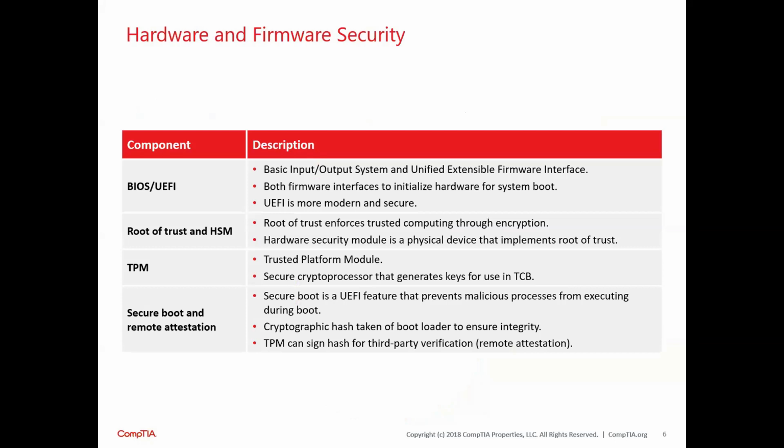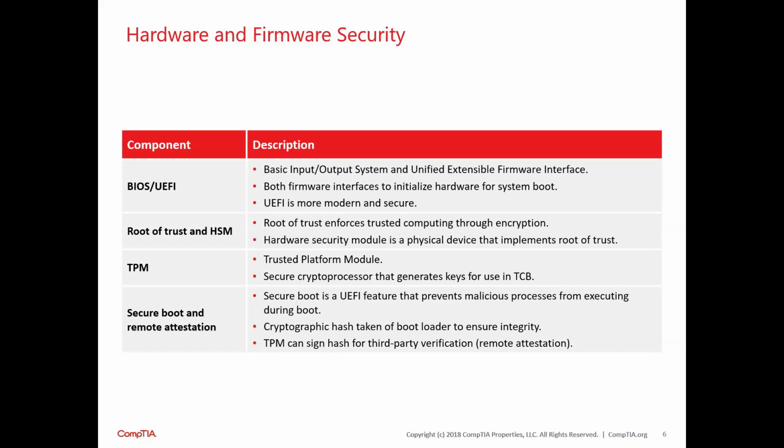Now, talking about hardware and firmware security, we have different components that make up hardware and firmware security, starting from your BIOS, the basic input-output system, and the Unified Extensible Firmware Interface, known as the UEFI. UEFI is the more modern and secure one; the older one was the BIOS. We also have the root of trust and the HSM, hardware security module.